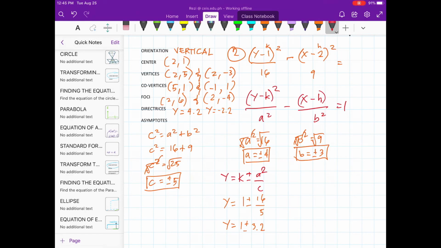For the asymptotes, we need this formula. Let's substitute the values. So our asymptotes are 3x minus 4y equals 2, and the other one 3x plus 4y equals 10.